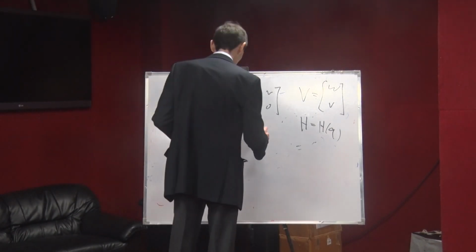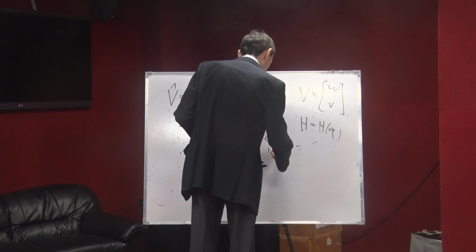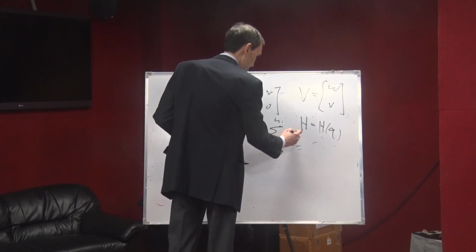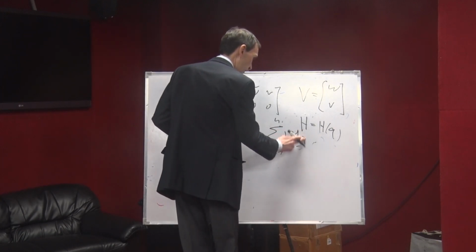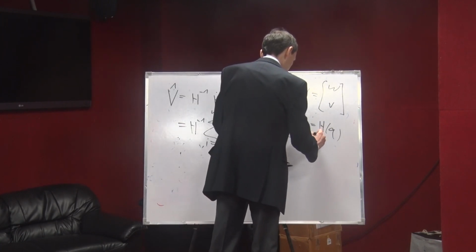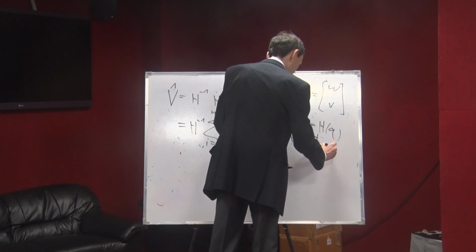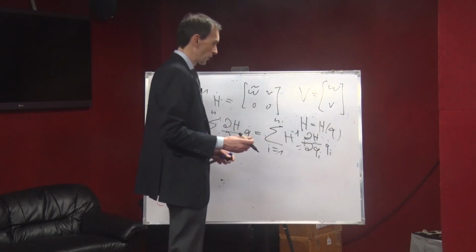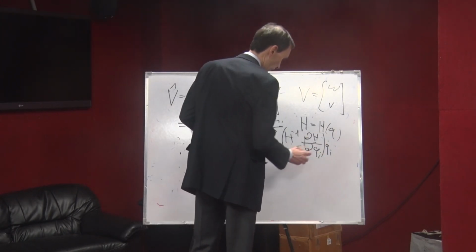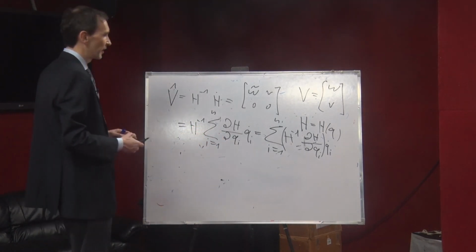I don't know if this makes a big difference, but we can write this by taking the H inverse into the sum. So we have the partial of H with respect to qi, times qi dot. Now the thing is that this is something we already identified somehow.